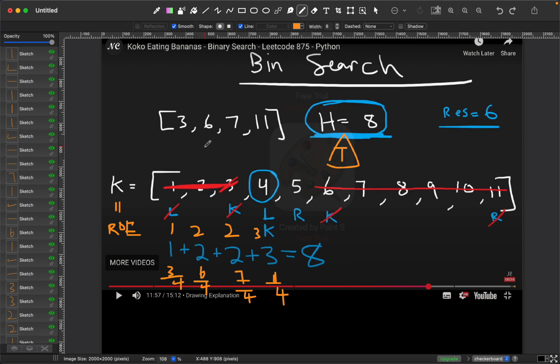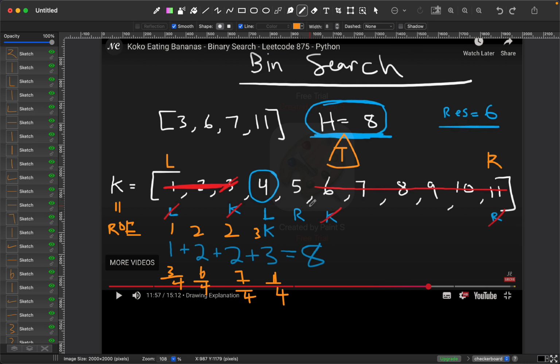So first and foremost, usually in a binary search question, if this is the range, normally what you want to do for binary search specifically is just plant your L and R at both edges. And then your M will be at the center, more towards the left usually.